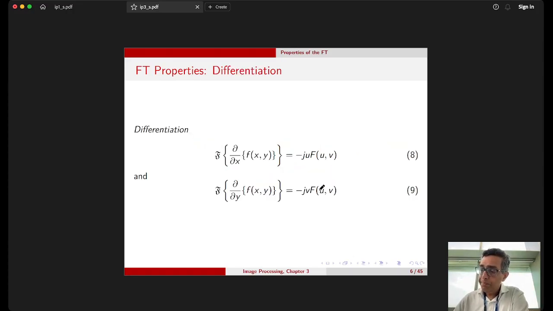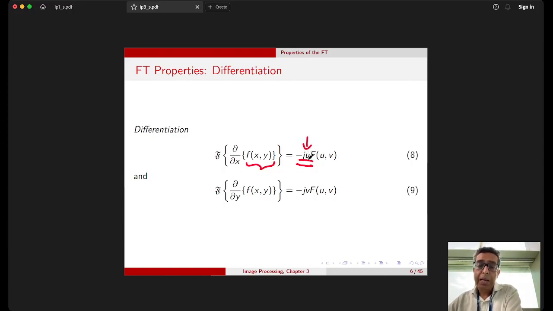It also turns out that taking a partial derivative works nicely. If we think about a luminance field as a function of two variables x and y, we can take partial derivatives of that spatial field with respect to each of the variables. If we take a partial derivative with respect to x, we multiply the Fourier transform of the original spatial field by the term minus ju. That changes with the value of frequency, but it's a fairly straightforward operation.